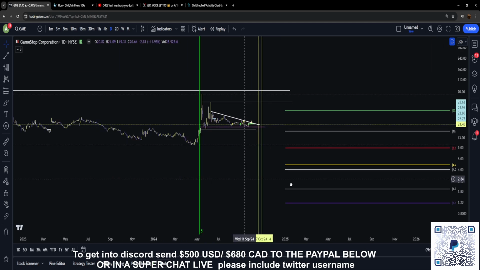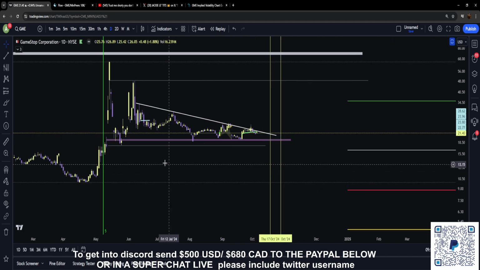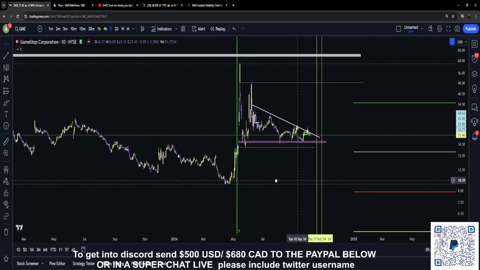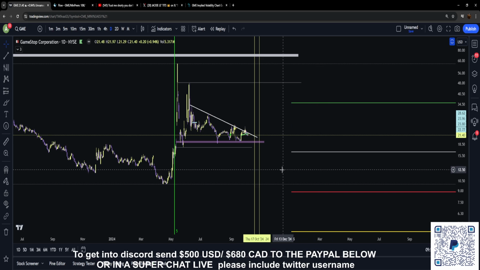That fib time zone somehow magically aligned days before the cat came back and sent the stock to Pluto. And so now we have another really significant and important one happening at the beginning of December and at the middle of this month.